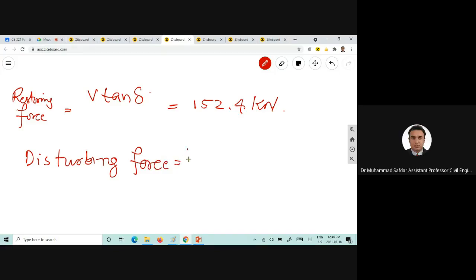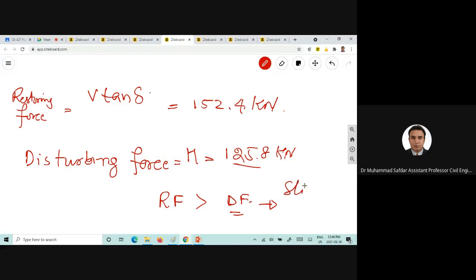And that is equal to the H, which is 125.8, I would say, okay, kilonewton. So you can clearly see the restoring force value is greater than the H. So the restoring force value is greater than the disturbing force. So the sliding limit state would also be okay, or it would be satisfied.